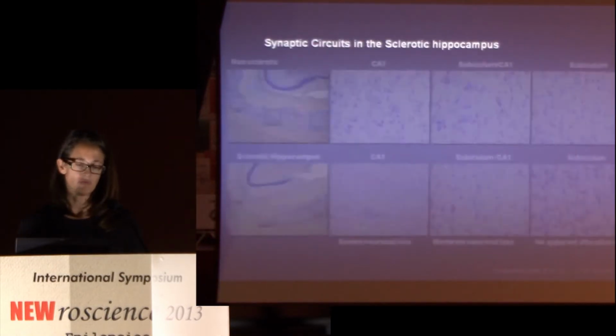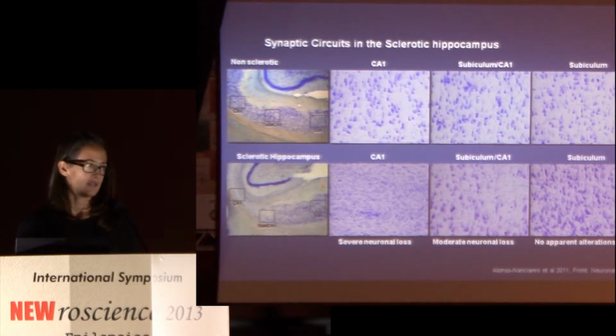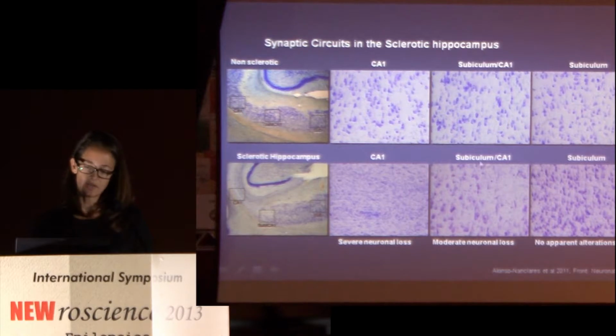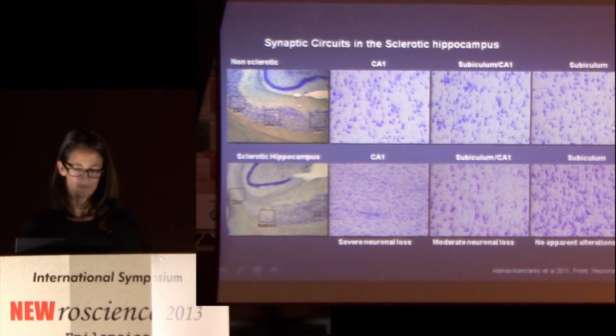So we performed a specific, detailed ultrastructural analysis in this region of the sclerotic and non-sclerotic hippocampus. We chose to make our studies in the pyramidal cell layer in the CA1 region, because it suffers severe neuronal loss in the sclerotic hippocampus, in the transitional region, and also in the subiculum, because the sclerotic subiculum is apparently non-altered.